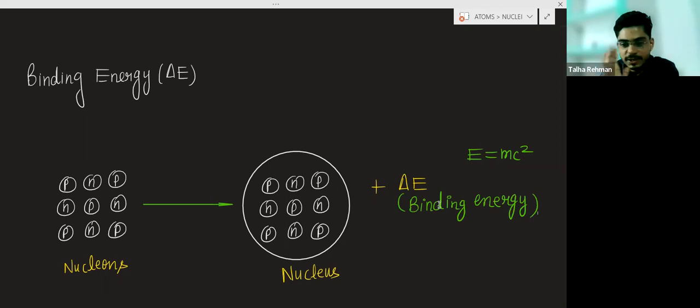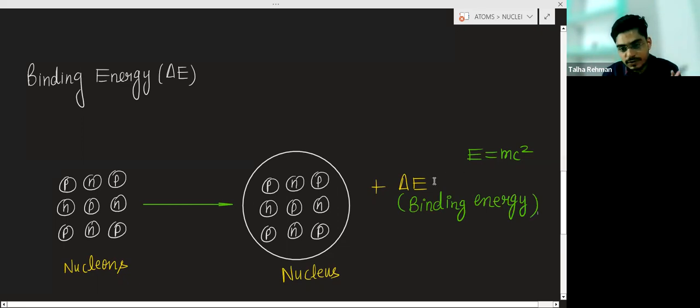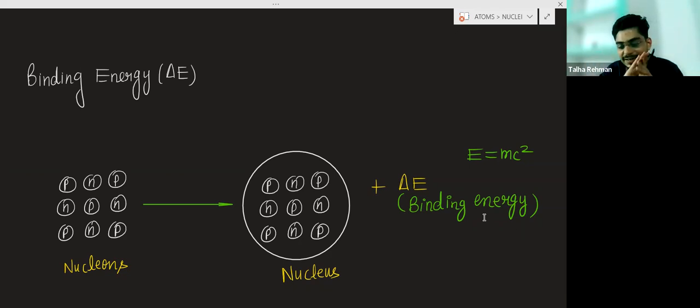Suppose you go in the reverse direction. To break this nucleus, to separate these nucleons, this much amount of energy you have to give. And that is known as the binding energy. So binding energy is basically the amount of energy given to the nucleus to separate its nucleons.